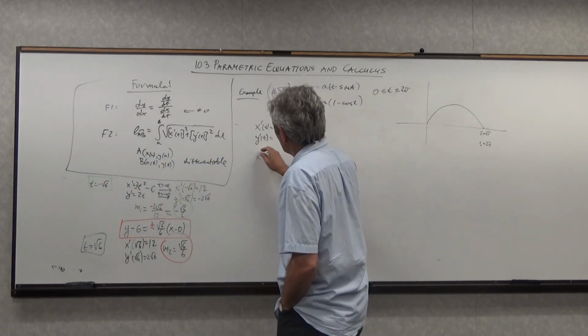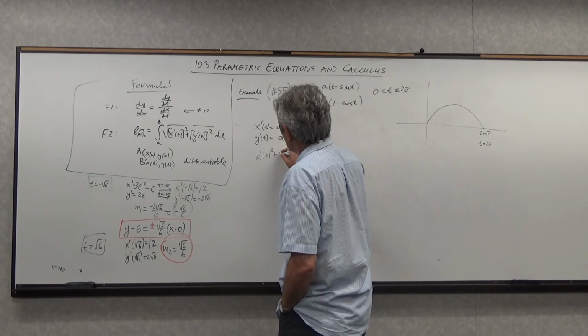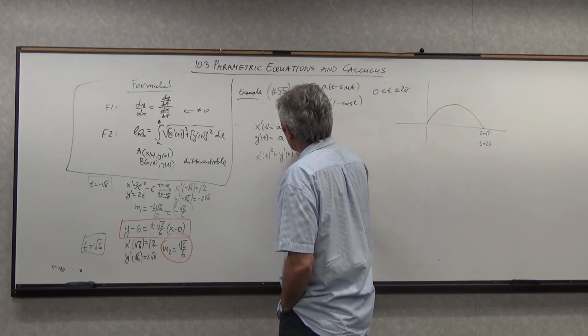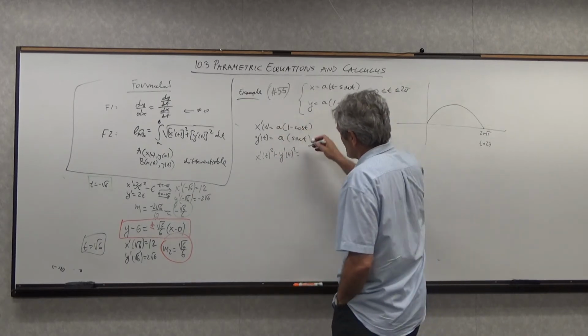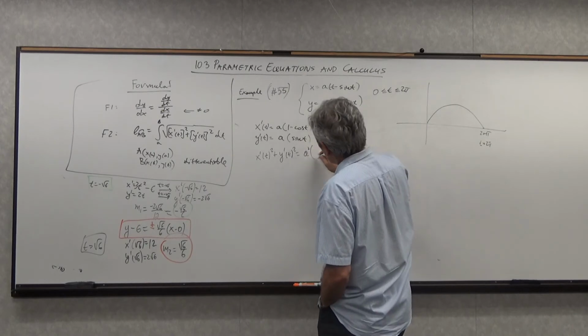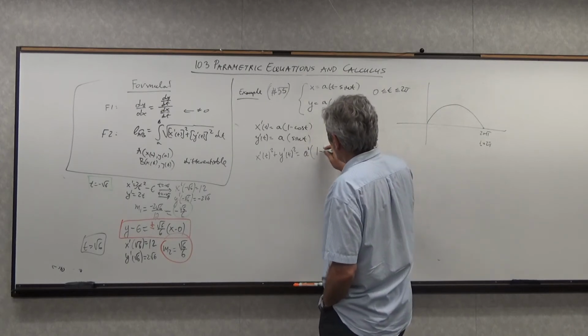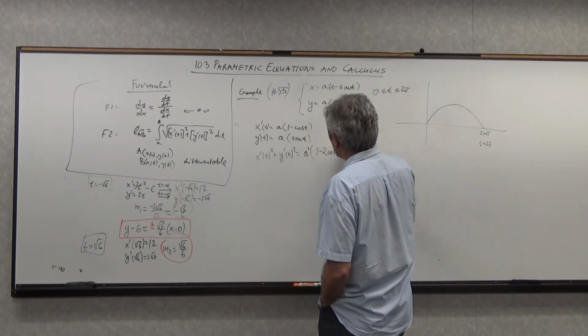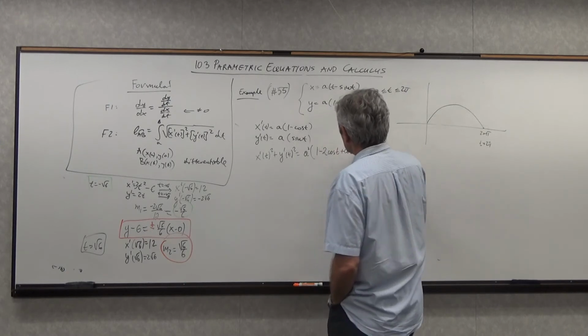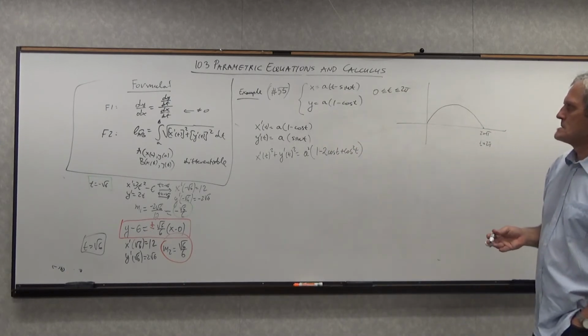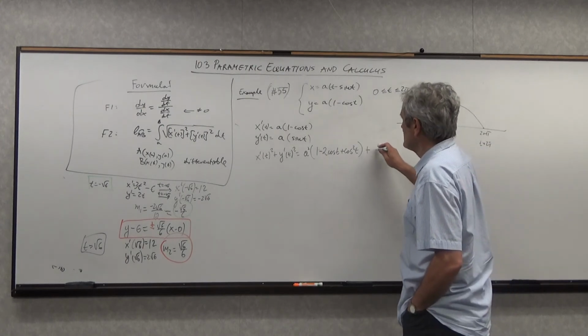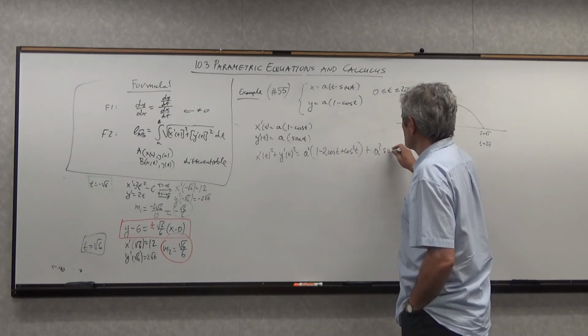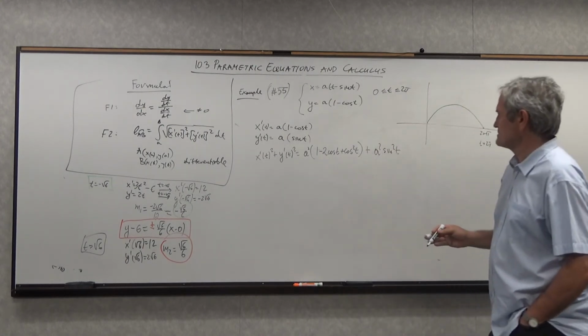So x prime t squared plus y prime t squared is what? In the square, at least, you get a squared. Then here the square of the binomial: 1 minus 2 cosine t plus cosine squared, plus a squared sine squared t.